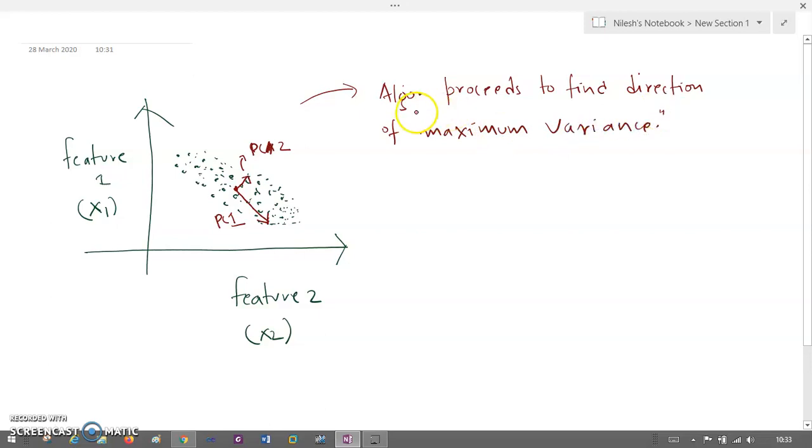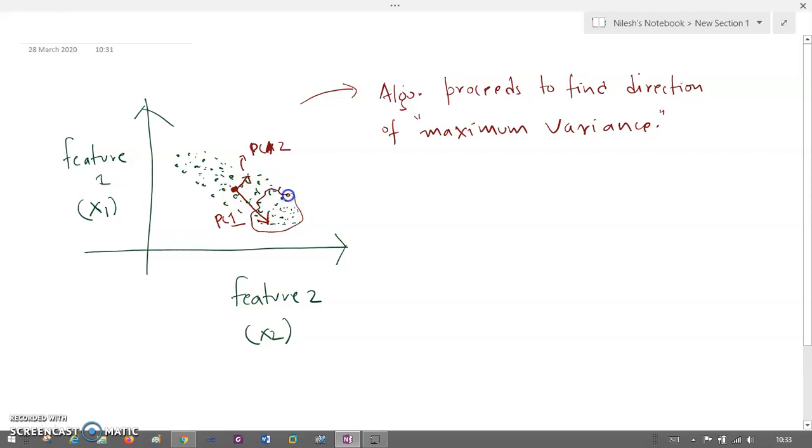You can understand here that the first step in PCA is to find the direction where the maximum information is available. When I say maximum information, that means more data points, higher range. So it will take a vector from here, and you can see this is the higher range data.